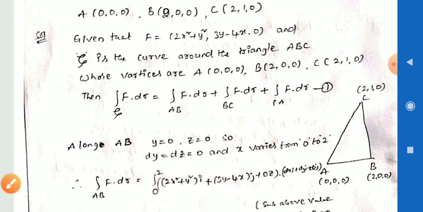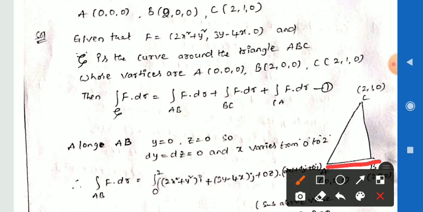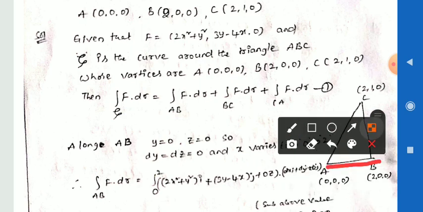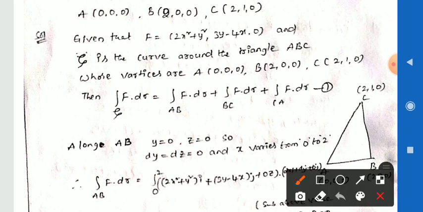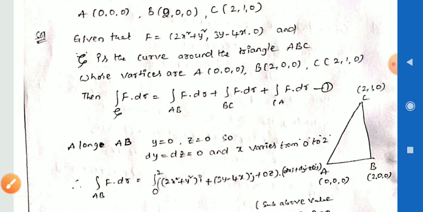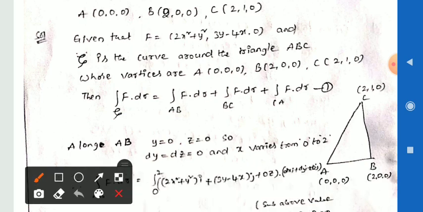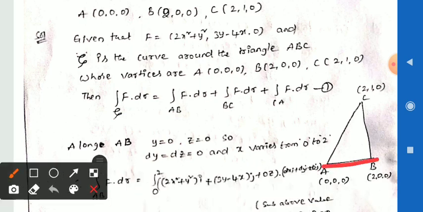I am taking A to B, then B to C, then C to A line integrals. By adding A to B, B to C and C to A, we get the line integral of the curve.